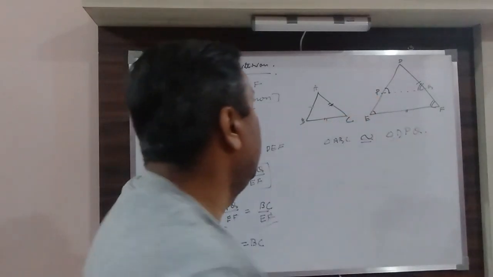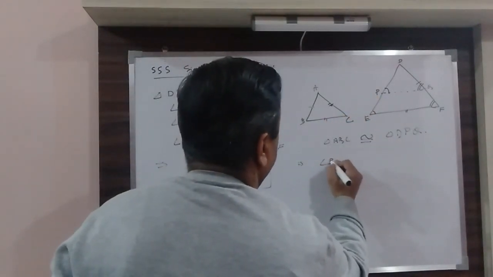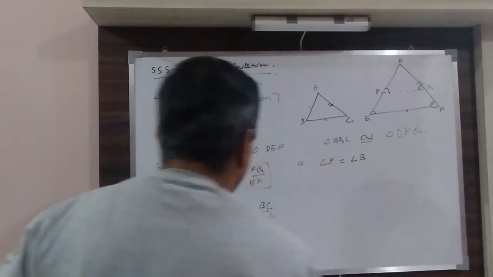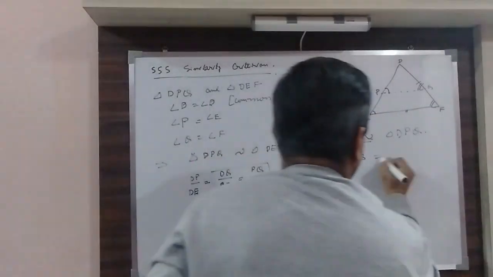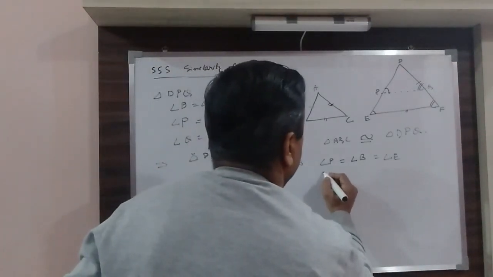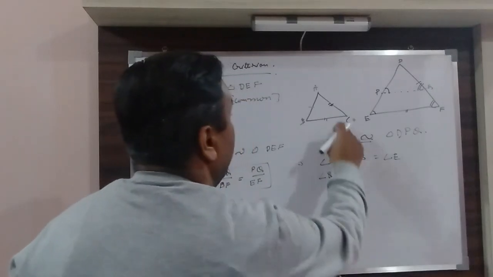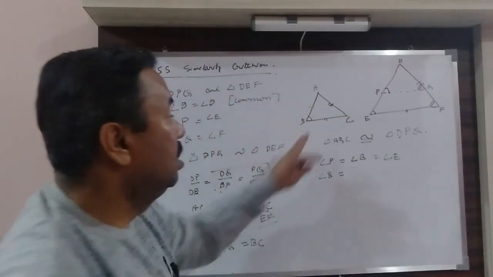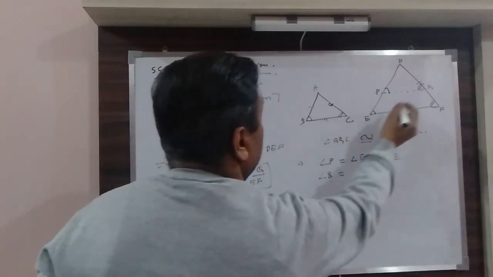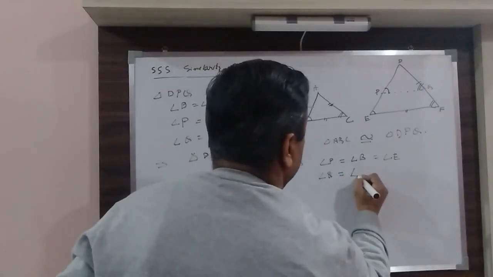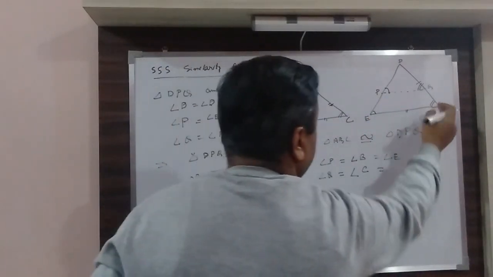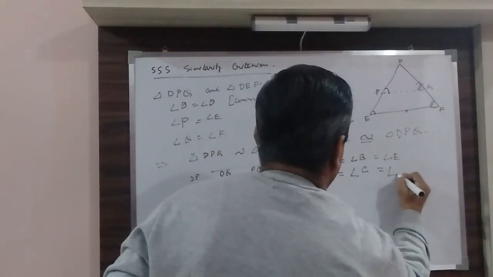So, angle P will be equal to angle B. And also, angle P is equal to angle E. Similarly, angle Q will be equal to angle C. And because angle Q is equal to angle F, that I have already proved, this angle C will be equal to angle F.